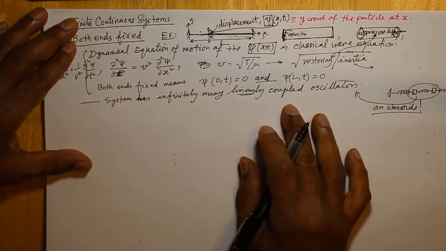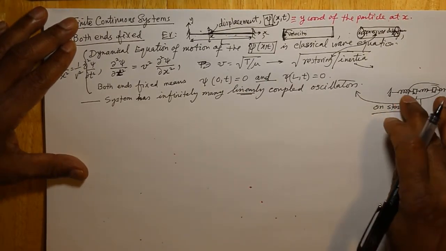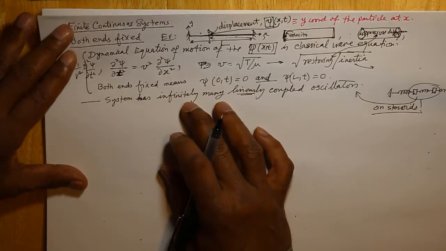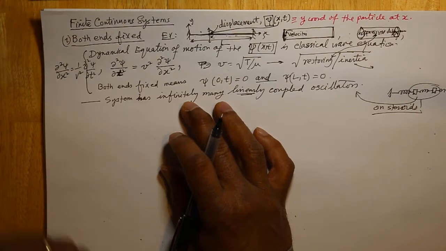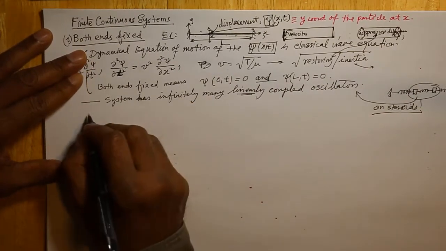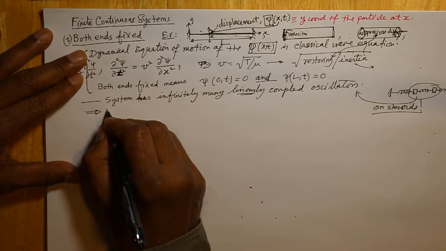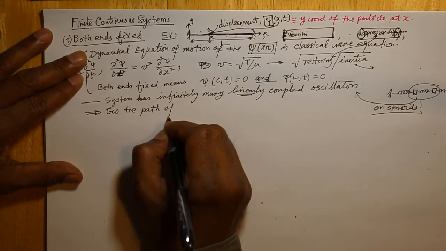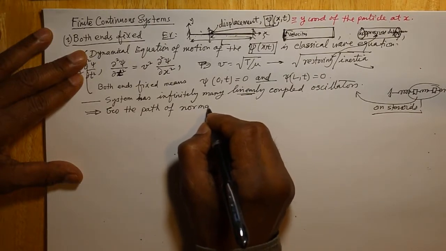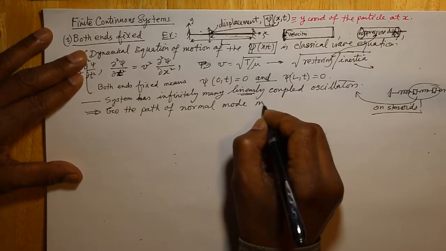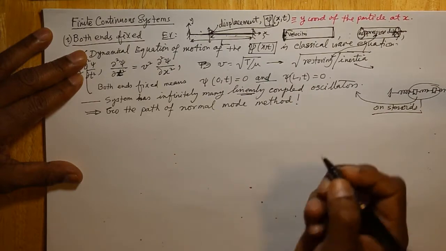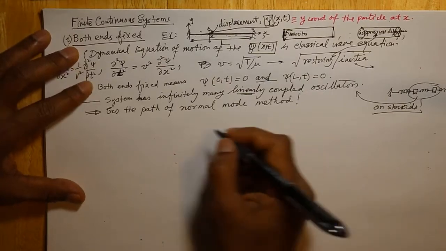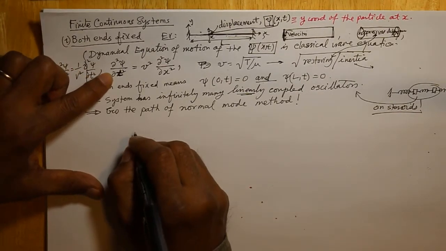So how do you do it? Well, the same way, even just for two, you had to go to normal modes. And for many, of course, you're going to have to go a similar route. So we do normal modes, that means go the path of normal modes. Here it turns out to be a product solution.